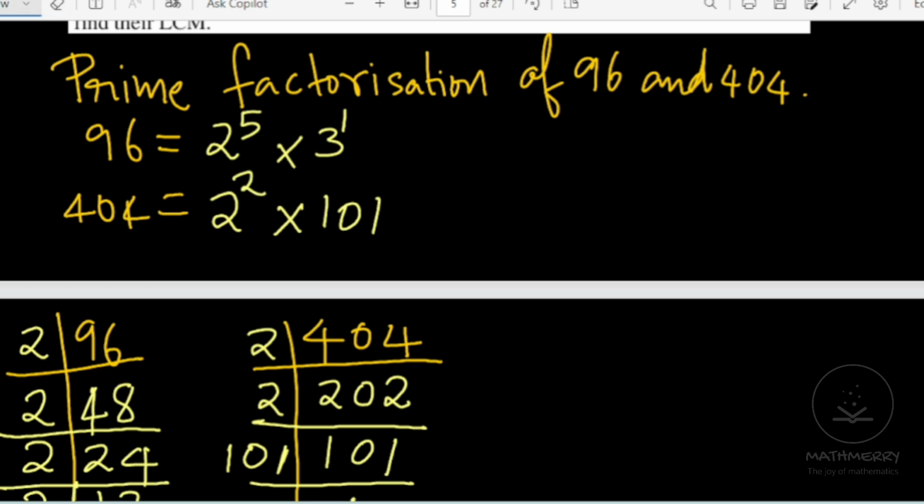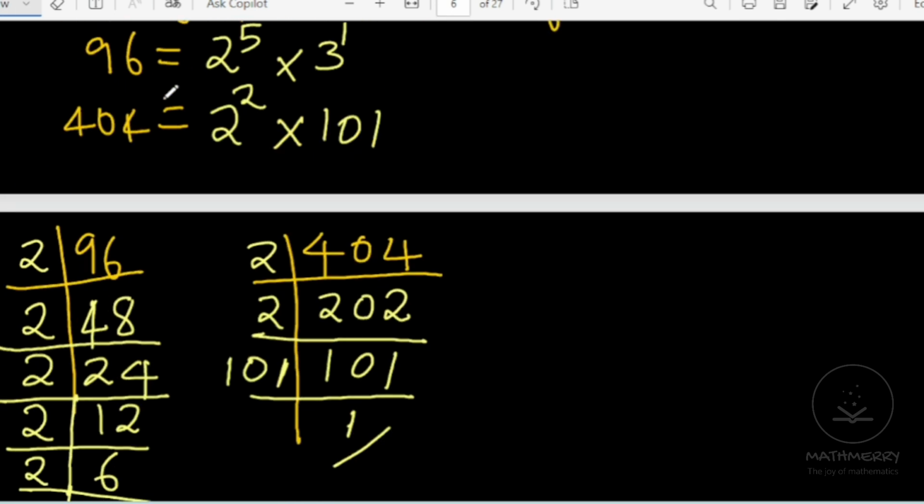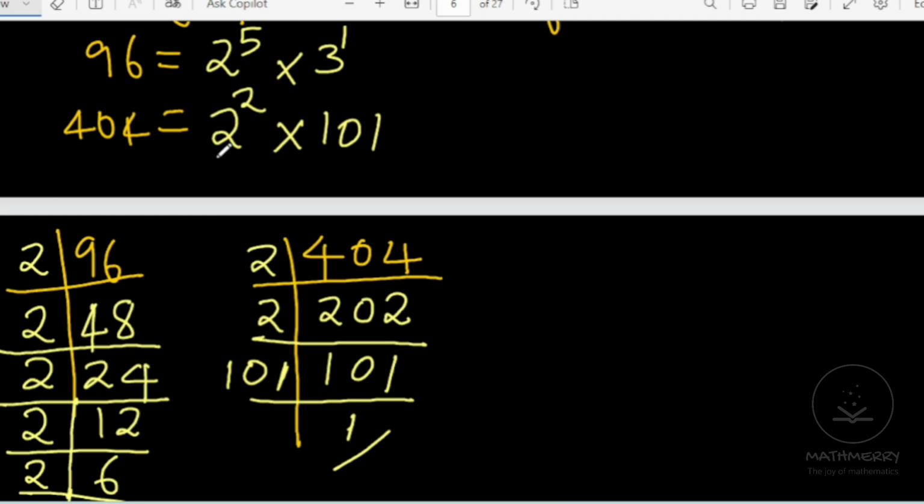2 squared is our smallest power, so the HCF will be 2 squared. First of all, the path of thinking is that we have to look for common factors. Here the common factor is 2, and then we have to look for the smallest power of 2. Here the smallest power of 2 is 2.